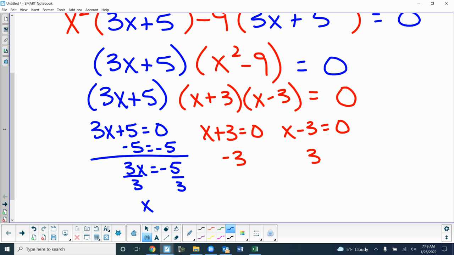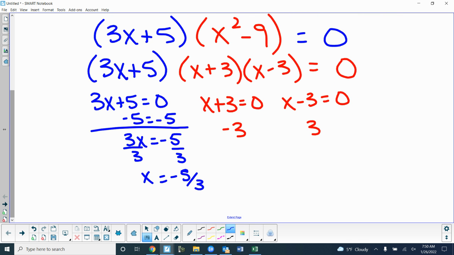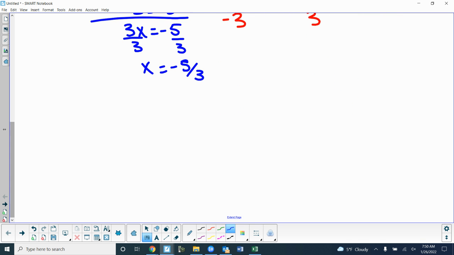So the other one is negative 5 thirds. Okay? Just factoring, what you guys have done a lot of this year, and you guys are good at it. Get it factored, and then set each factor equal to 0. Any questions on the first one?